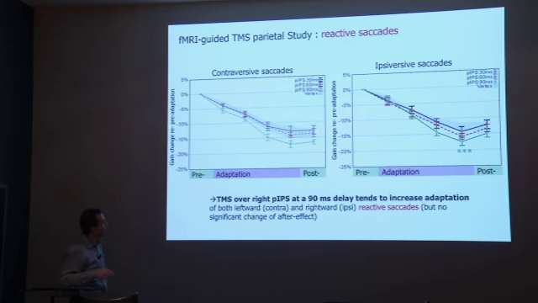So we conclude that for reactive saccade adaptation, there was a tendency to reach a better adaptation of reactive saccades when PIPS was stimulated 90 milliseconds after the onset of saccades. But again, there was no significant change of after effect.